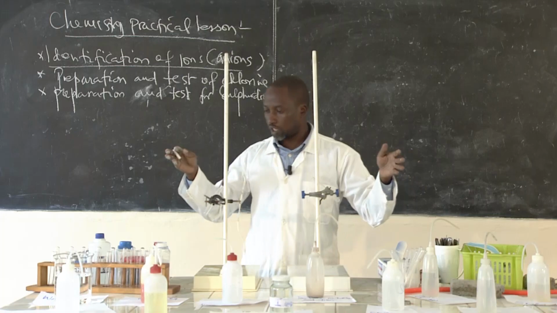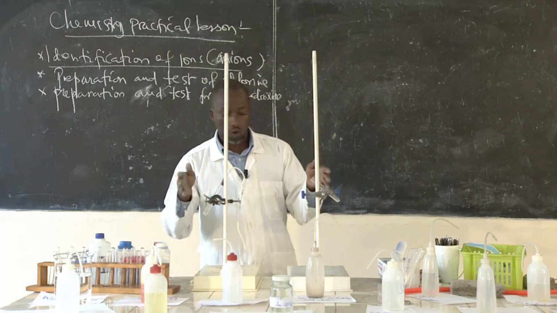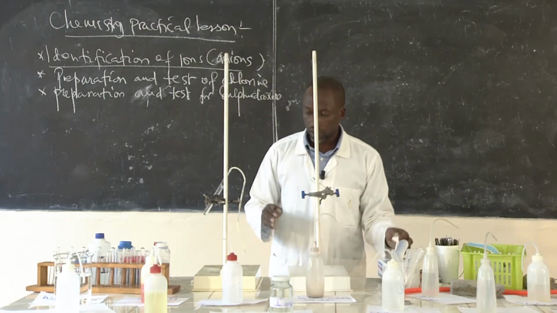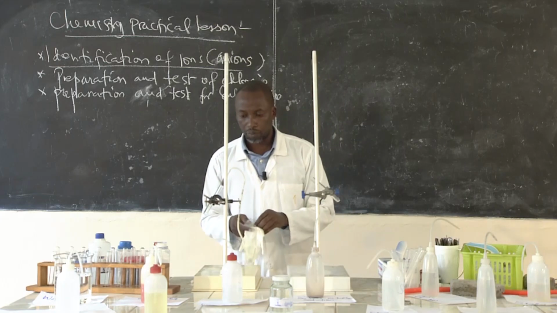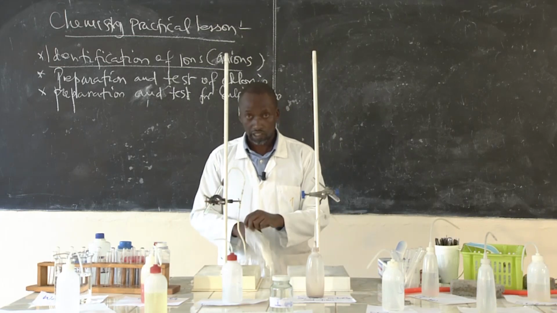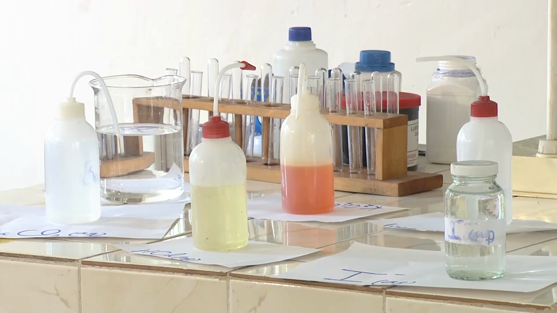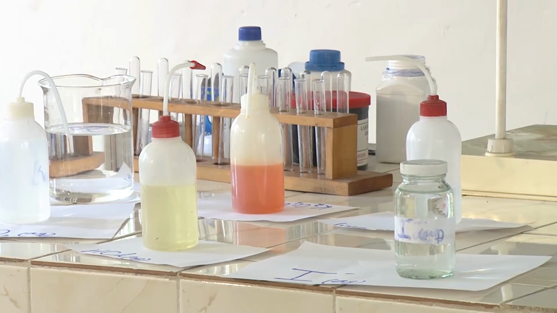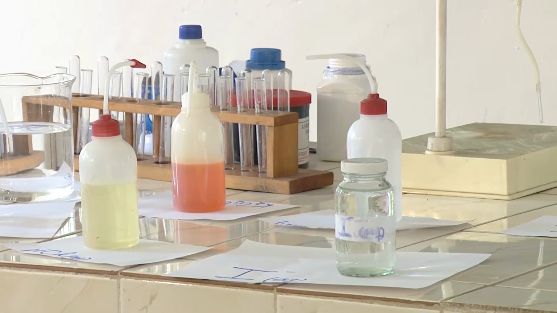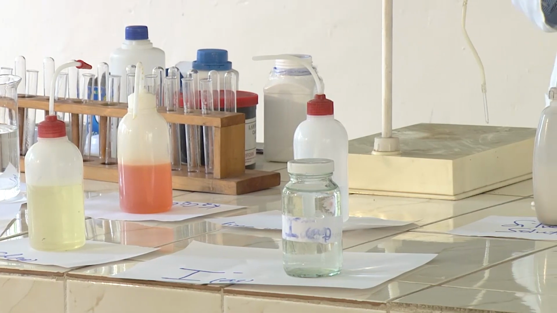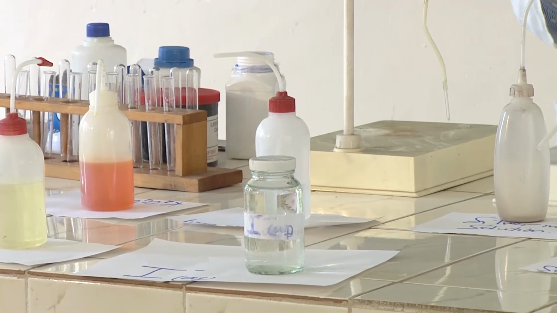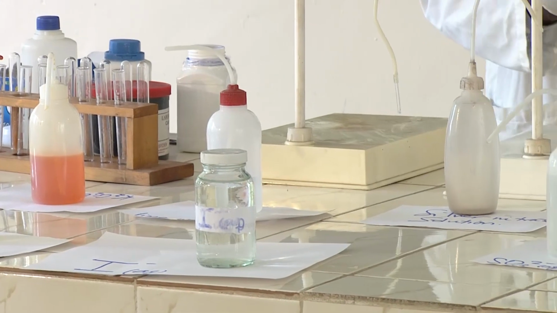So without much ado, let's go right away and see how we can prepare chlorine and then test it. Please, I ask you to be attentive, because some of the changes may take place very fast and you may not be able to see.